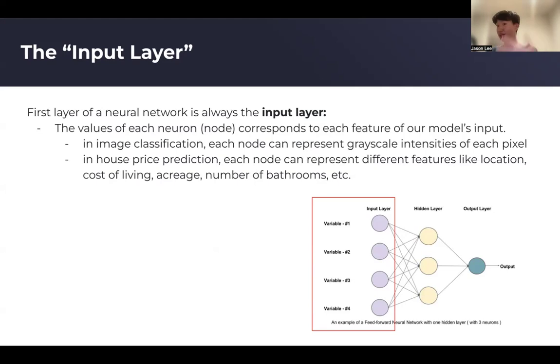If we have an RGB image, we're going to multiply that by the three channels. But in computer vision, the nodes can represent pixel values essentially. For a regression problem, like house price prediction, each node can represent different features from our data table, like the location, the cost of living, the size of the house, etc.